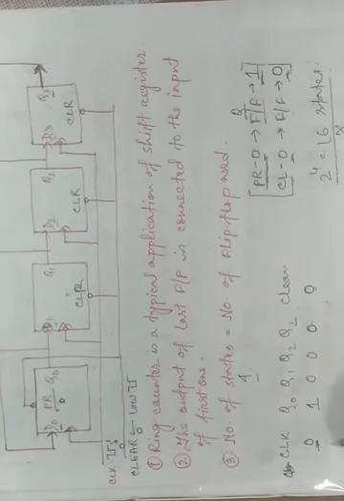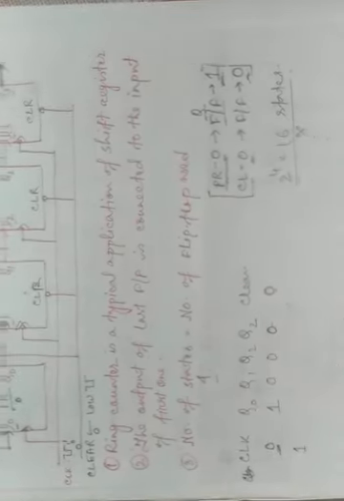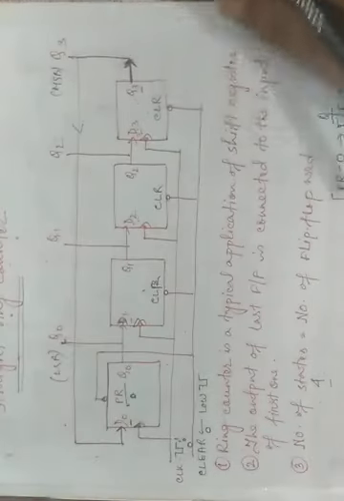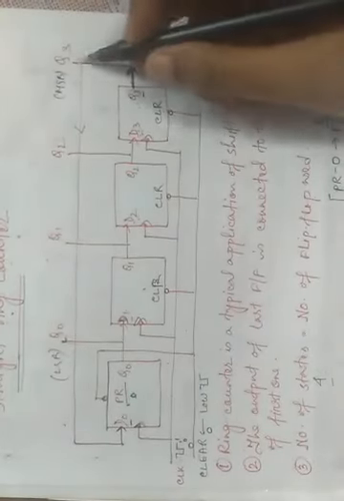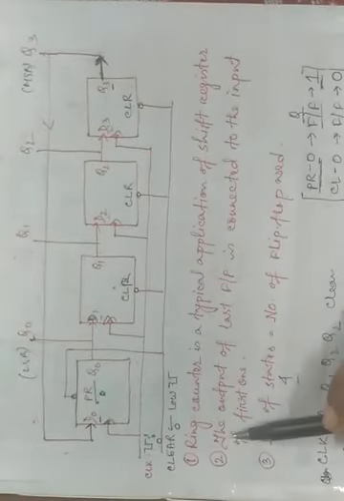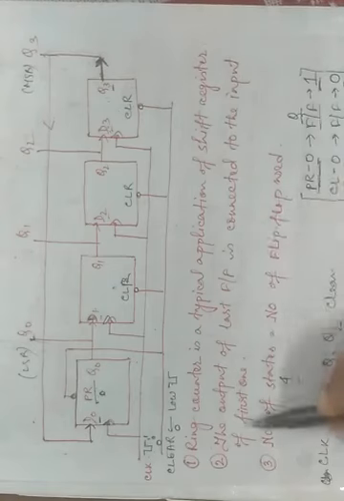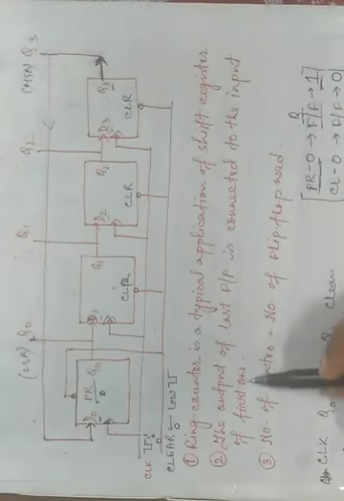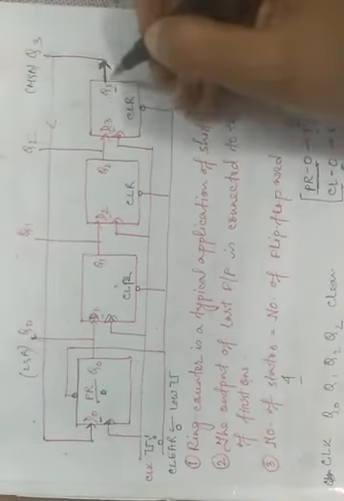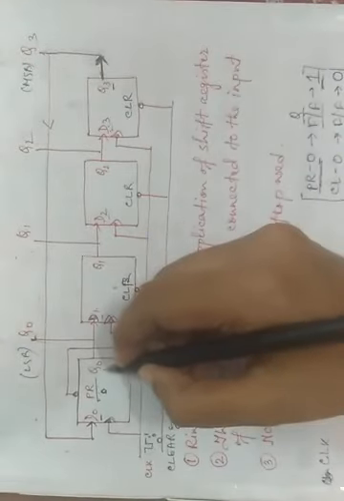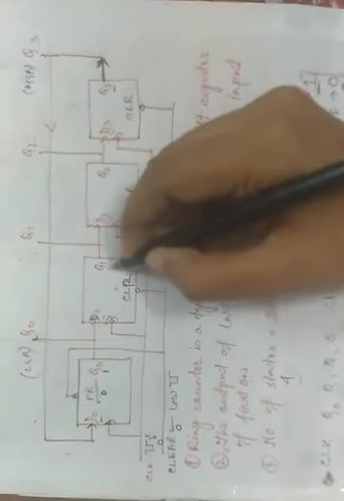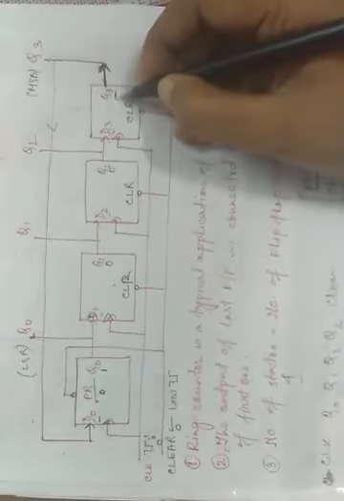Now when we give the next clock pulse, that is clock pulse 1, as you know, the output of the last flip-flop is connected to the input of the first one. The value in the first flip-flop Q0 is 1, the others are 0, 0, 0.